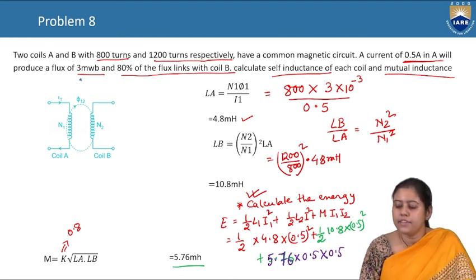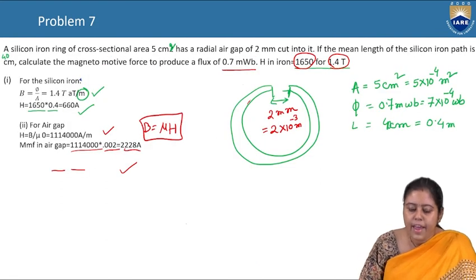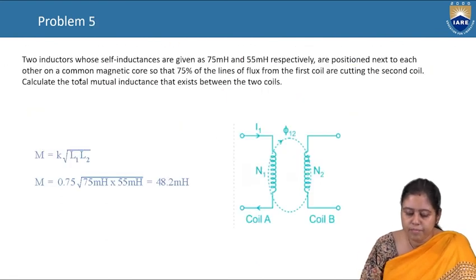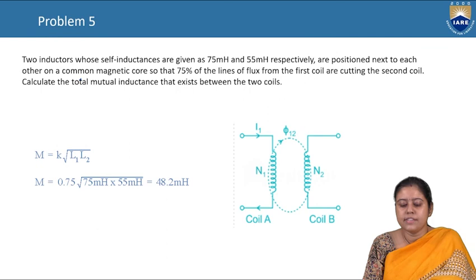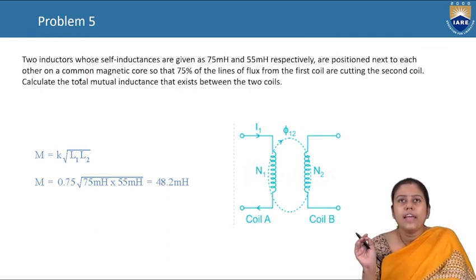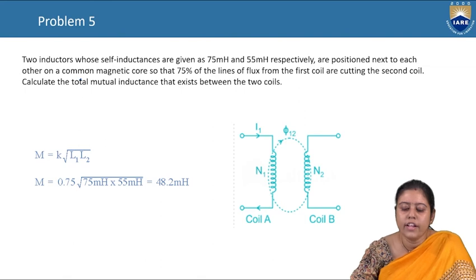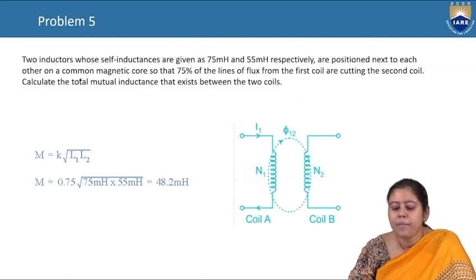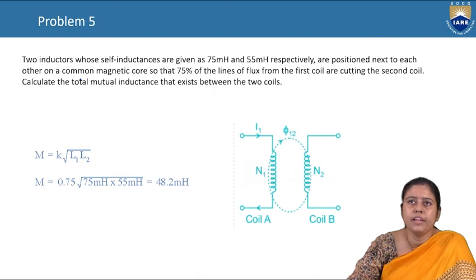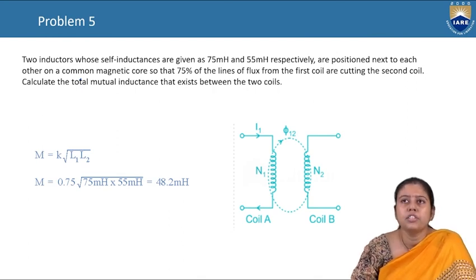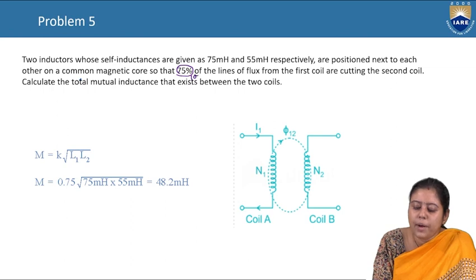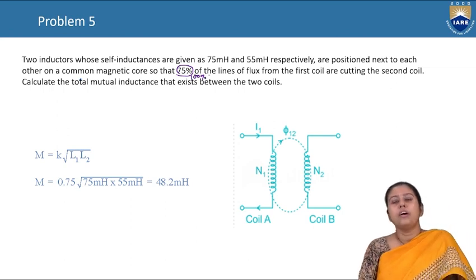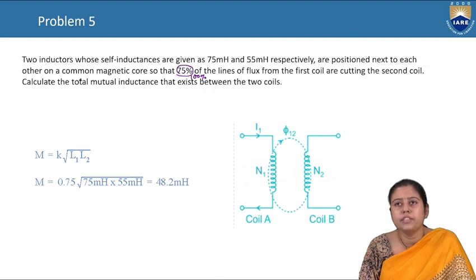So here we have discussed many important problems, and I have one more important problem, related to question number 6. Actually, I missed it. In the question, two coils whose self-inductances are 75 millihenry and 55 millihenry respectively are positioned next to each other. For the same problem, if the coupling is 100%, what will happen? This is also another important question of this chapter.